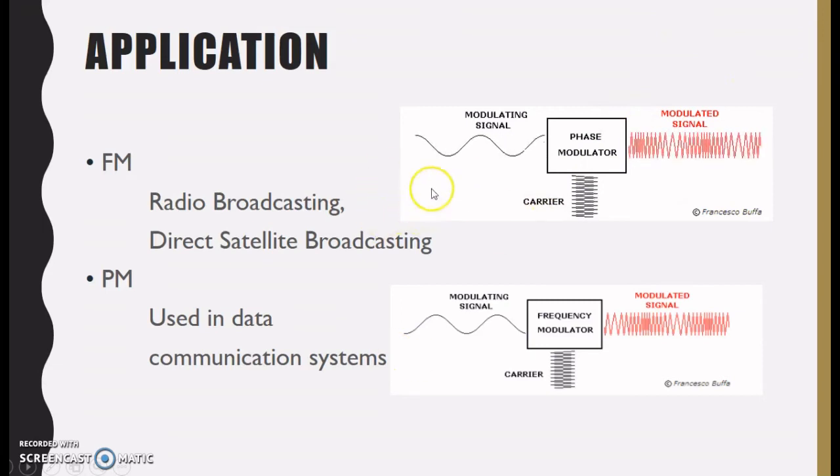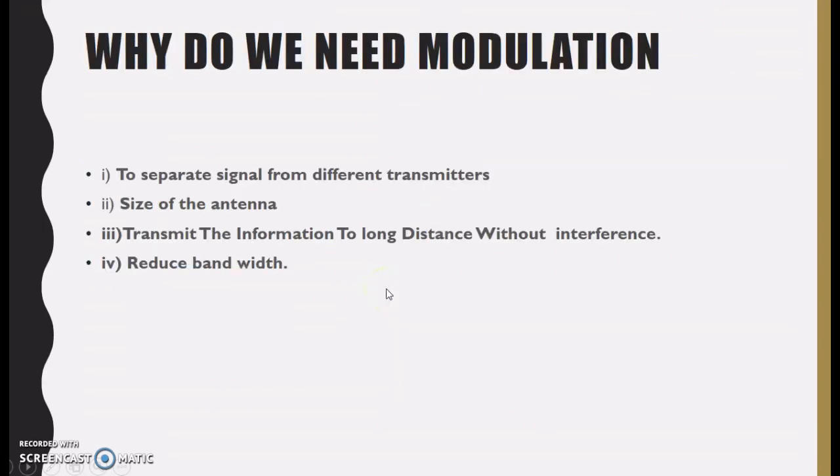So why do we do this modulation? Now, first, we have to separate signals from different transmitters. For instance, we have audio frequencies that are within the range of 20 Hz to 20 kHz.